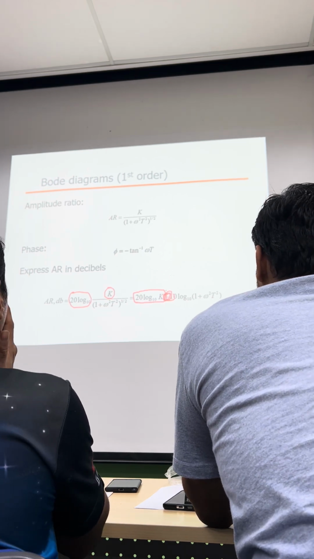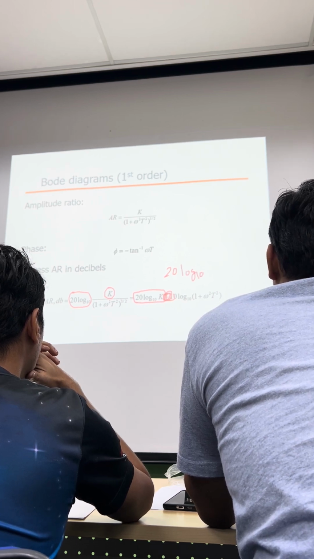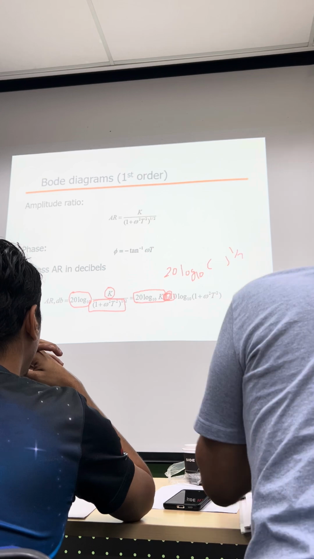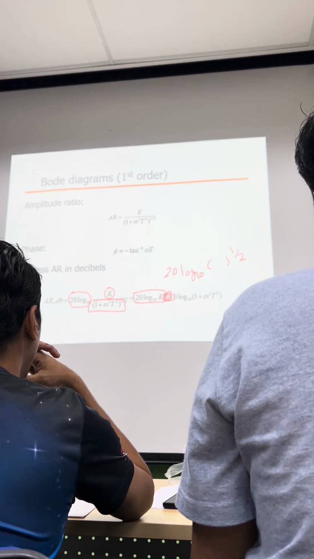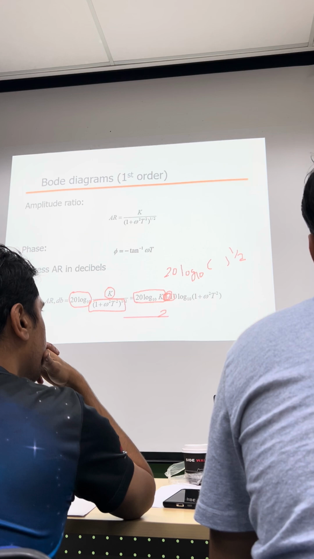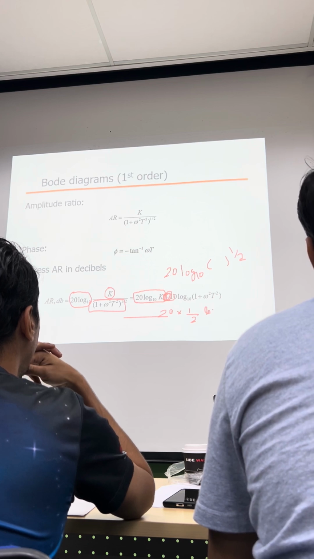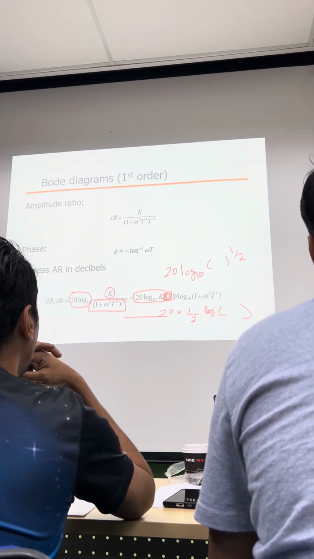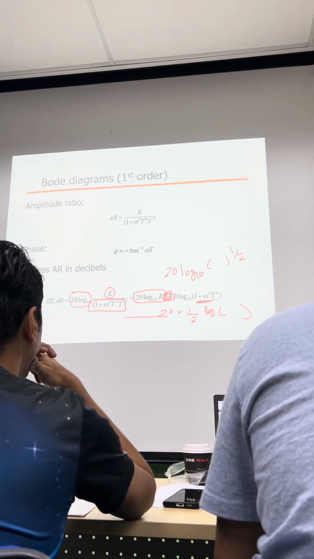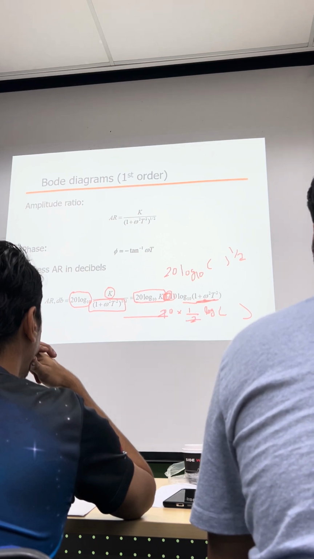Then again 20 log, maybe I better write down 20 log of 1 plus omega square T square, the entire thing, raised to 1 over 2. If you talk about logarithmic scale, the power will come down. So it's something like 20 into 1 by 2 log of the entire thing, which is 1 plus omega square T square. Of course when you cancel, 20 times 1 by 2 you get 10.